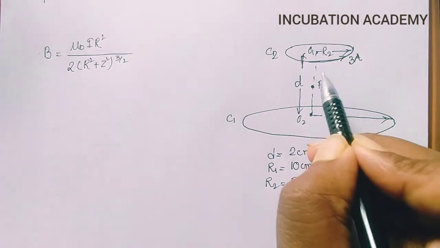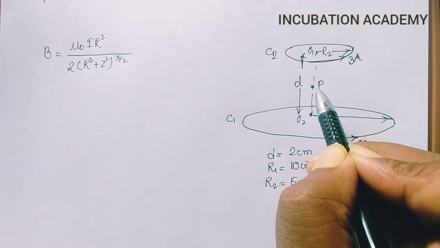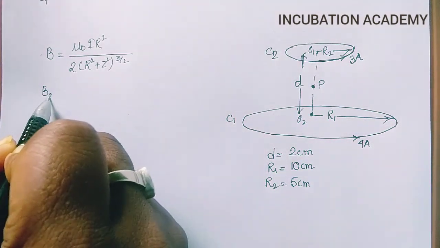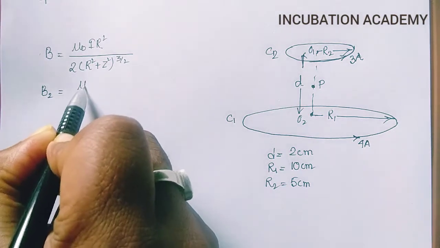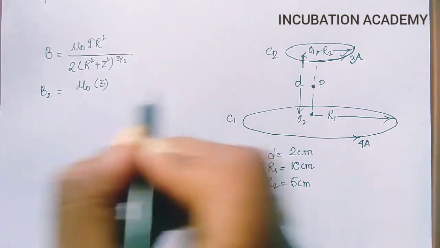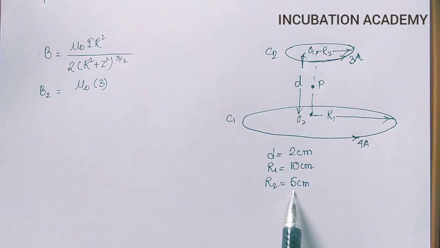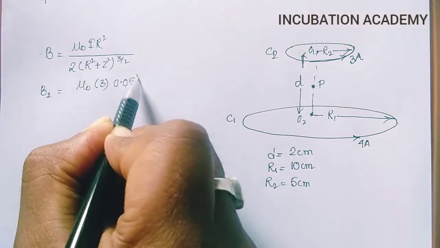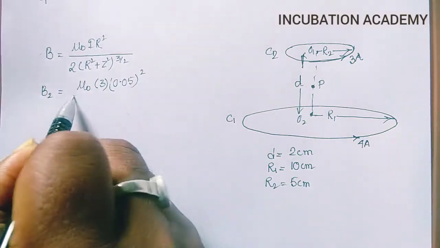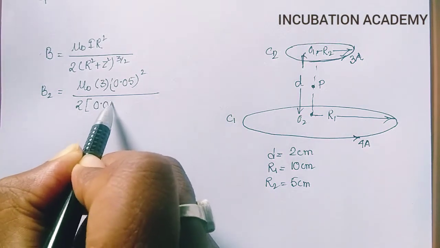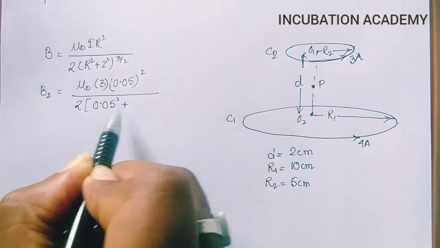So if I try to find out the magnetic field at the point P due to coil C2, we can write the magnitude of B2 as mu naught, the current flowing in this coil is 3, the radius of this coil, R2, is 5 centimeters, so we can write it as 0.05 whole square divided by 2 into 0.05 whole square.